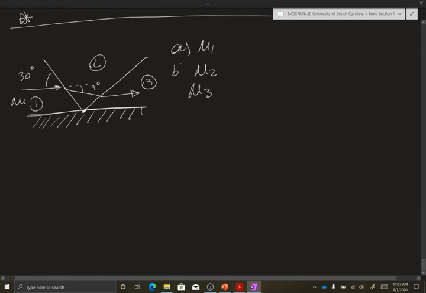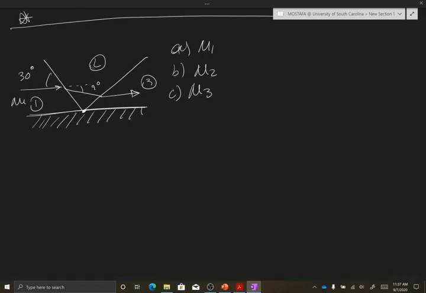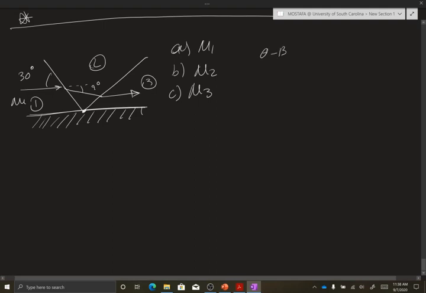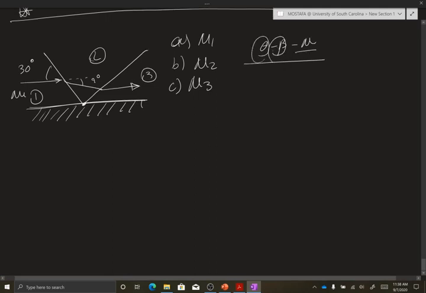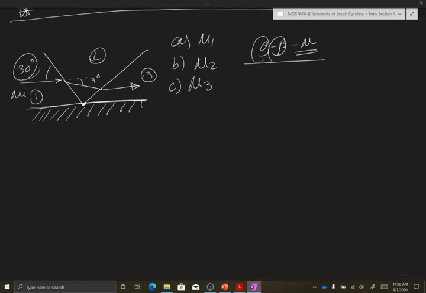It may look like an odd question because we don't have any of the inlet properties, only two angles, 30 and 9 degrees. But if you recall from the lecture, based on the theta-beta-M relationship, if we have two of these parameters, we can find the other one. Your beta is 30 degrees here, and your theta, your turn angle, is 9 degrees.